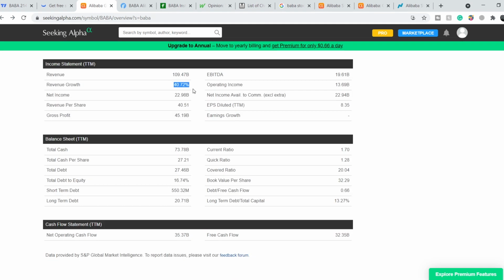And this revenue growth is mind-blowing. And they have a very strong total cash position of $73.78 billion with a total debt of $27.46 billion. So, from the financial standpoint, there is no doubt that this company is extremely stable, and they are still growing their business, and it is a very good sign.